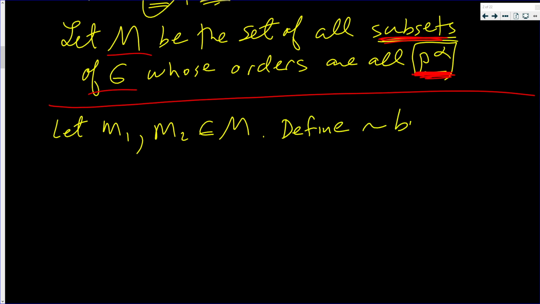We define tilde by: script M1 is related to M2 if M1 is equal to M2 times g, for some g in G. So that's how we define this equivalence relation.